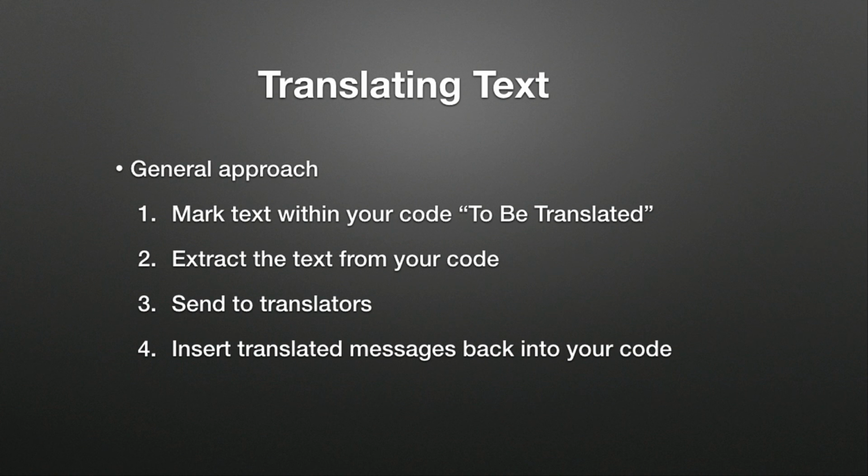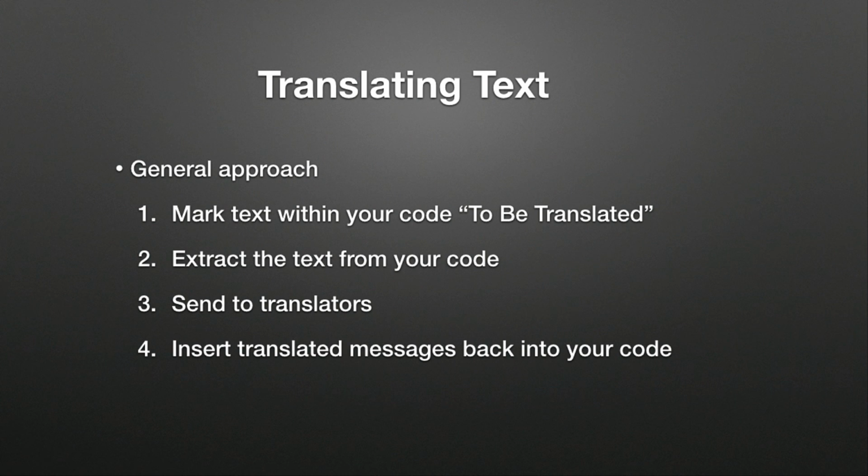The way you localize it is you first have to mark the text that you want to be translated in a certain way, right? Then you typically use a tool to extract that text from your code. You represent it in a certain format, you send that to translators, they will send it back, and then you use the same tool or a different tool to inject it into your code, right?